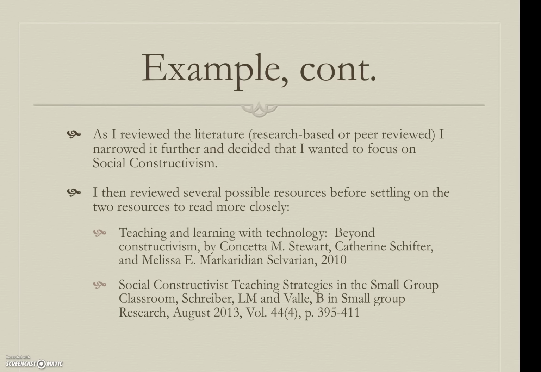And so I went to the Montana Library website, I reviewed resources, actually went to the library, I looked at the books, I skimmed through probably about 12 resources as I was trying to figure out what it is I want. And so even though I had narrowed it down to the element of knowing more about how children learn, I narrowed it down even further, and I decided what I really wanted to focus on was social constructivism. I want to know more about how learning happens in social situations and how children construct their understandings.